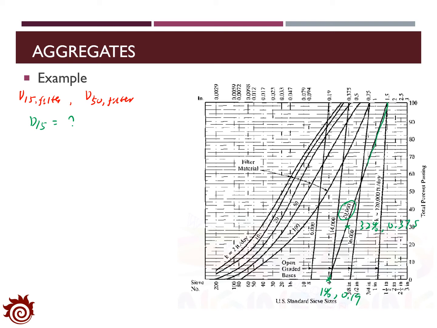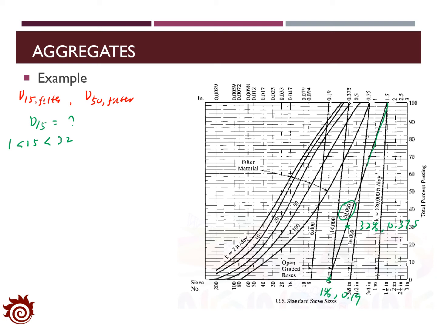And next we can see that 15 is between 32 and 1. Then we can use the equation we proposed previously to calculate the value of D15.